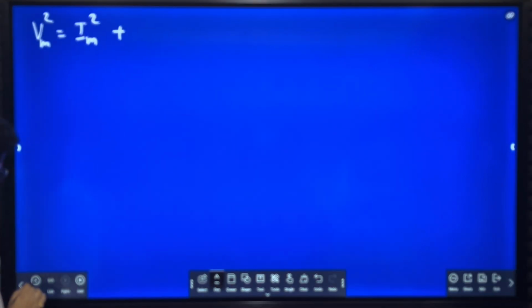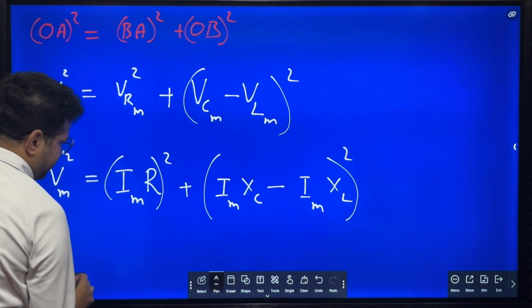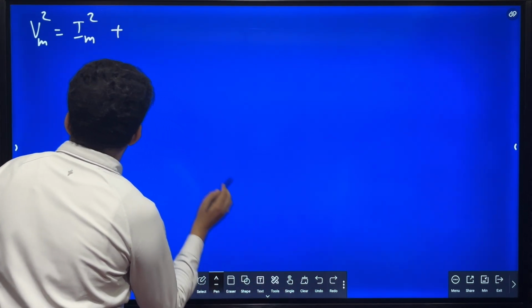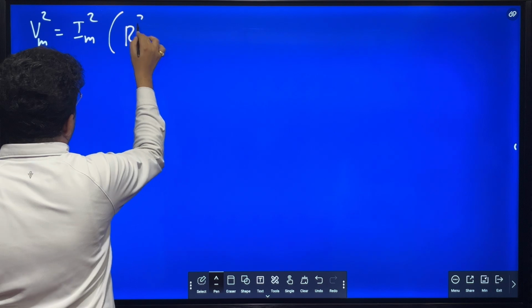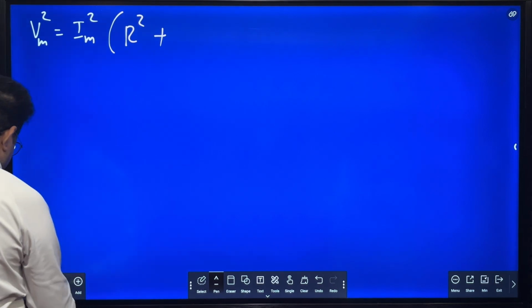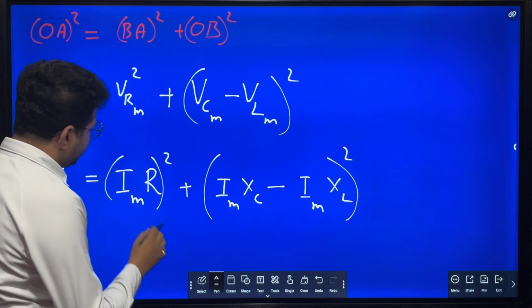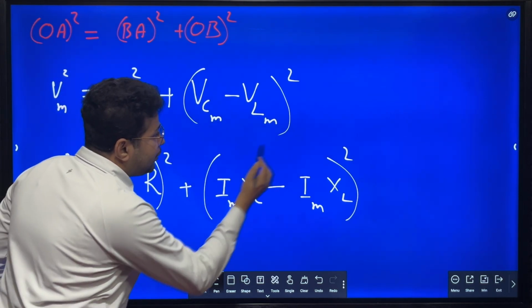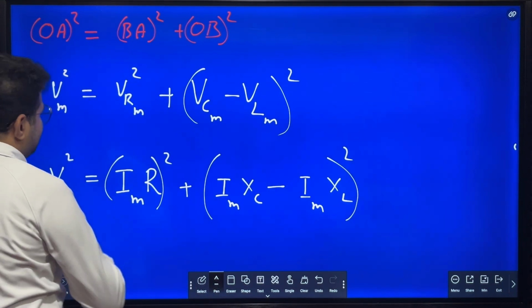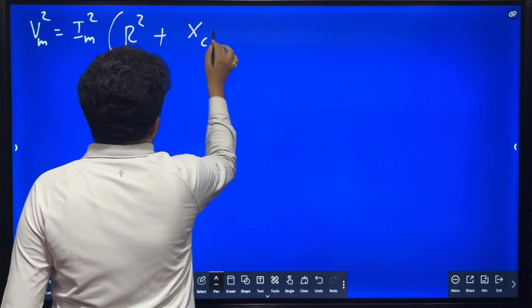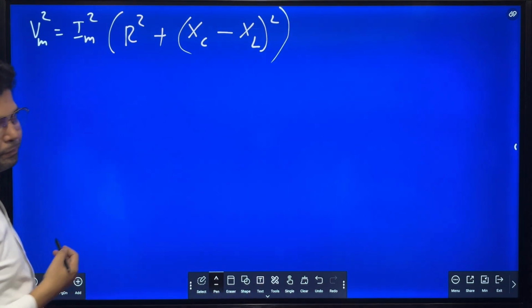IM square into R square is there, plus IM square I have taken outside, XC minus XL whole square.